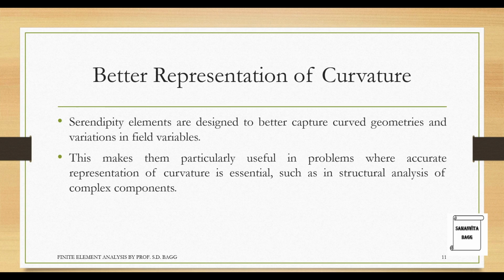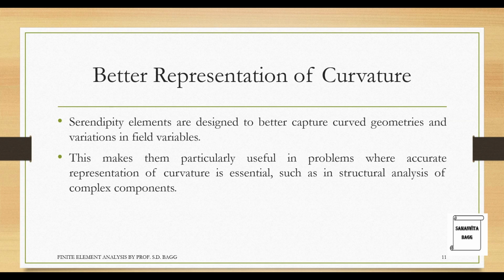Serendipity elements are designed to better capture curved geometries and variations in field variables. This makes them particularly useful in problems where accurate representation of curvature is essential, such as in structural analysis of complex components. So suppose if you have a curved geometry, then you will require more number of elements, like the sharp corner I explained.